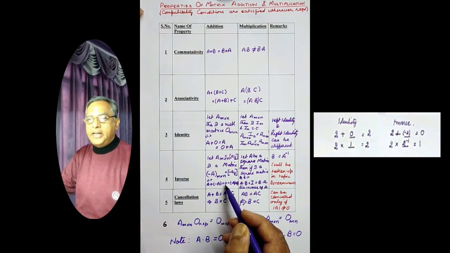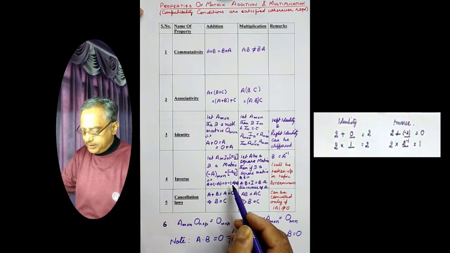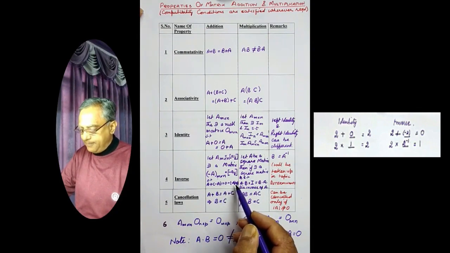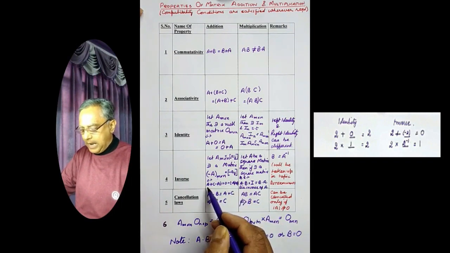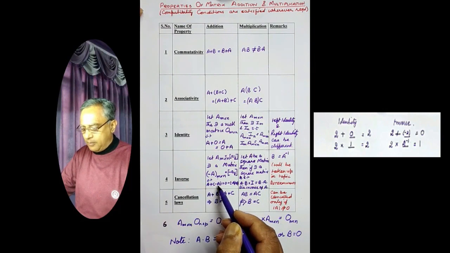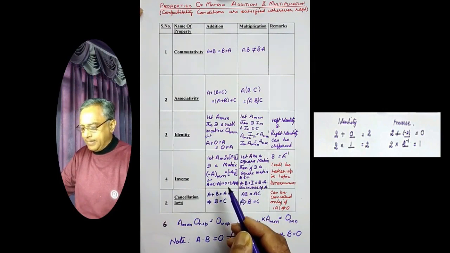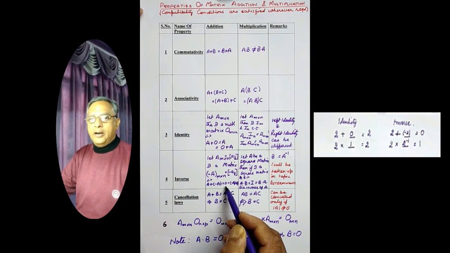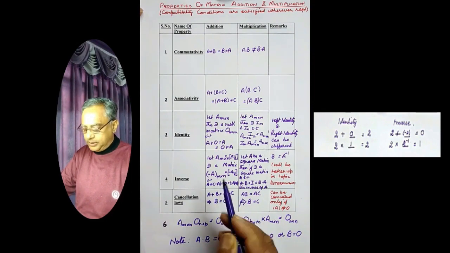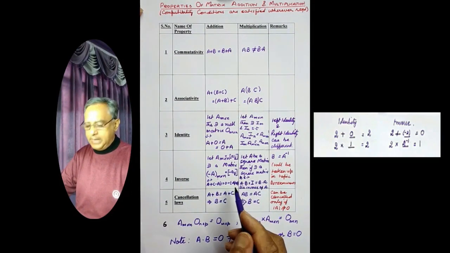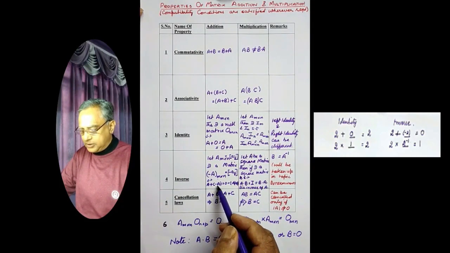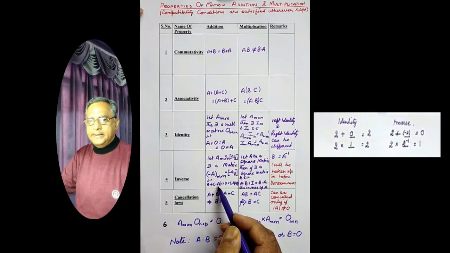Zero in matrices is the null matrix, where each and every entry is 0. This is equal to minus A plus A. If you add the additive inverse from the right or from the left, the result is the null matrix. So this is the inverse. Then the additive inverse of A is minus A.